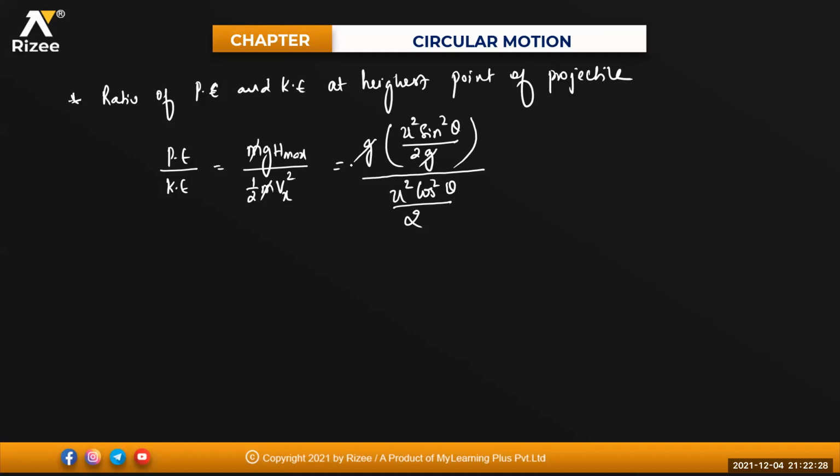This g and this g will get cancelled. So that will come out as u² sin² θ divided by 2, into 2 divided by u² cos² θ. The 2 and 2 get cancelled, u² gets cancelled. Sine by cos is nothing but tan, so this will become tan² θ. Clear?